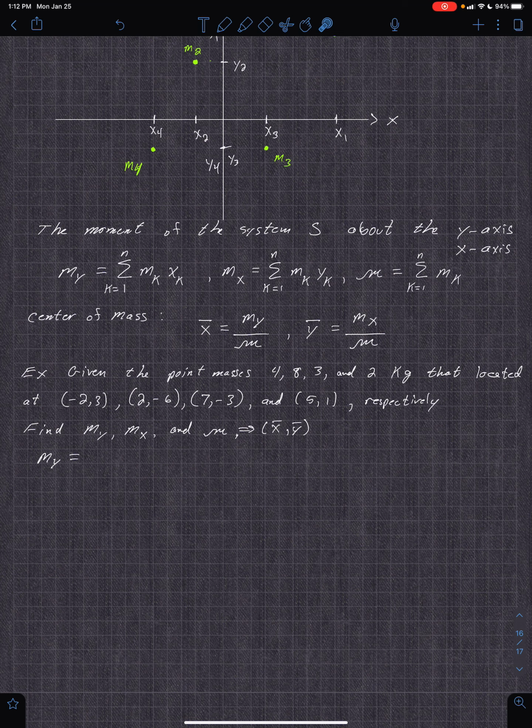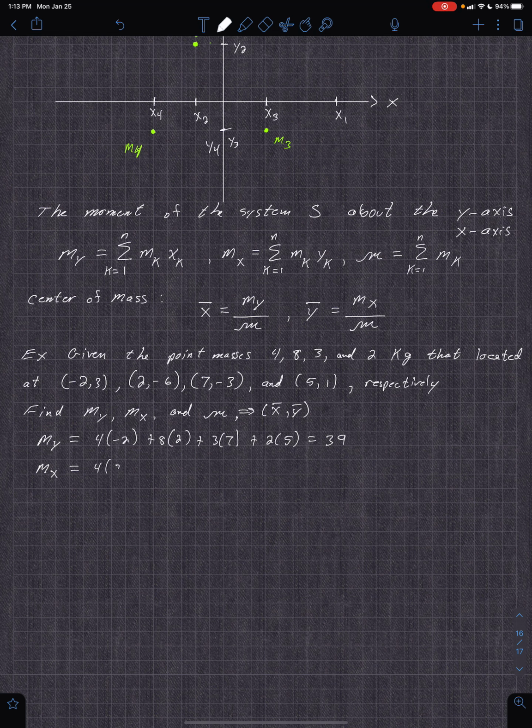So it's 4 times negative 2 plus 8 times 2 plus 3 times 7 plus 2 times 5, and then you add that up. Let me double check. Okay, looks good, and that ends up being 39.